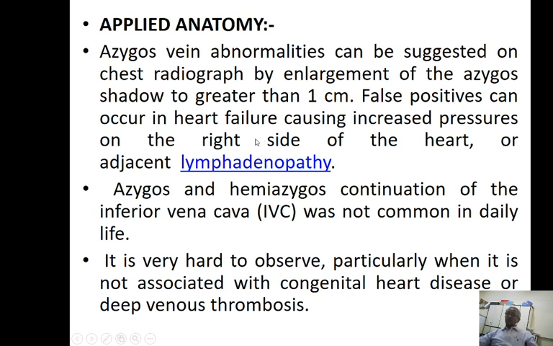False positives can occur in heart failure, causing increased pressure on the right side of the heart, or with adjacent lymphadenopathy, which can also mimic the enlargement of the azygos. Azygos and hemiazygos continuation of the inferior vena cava is not common.